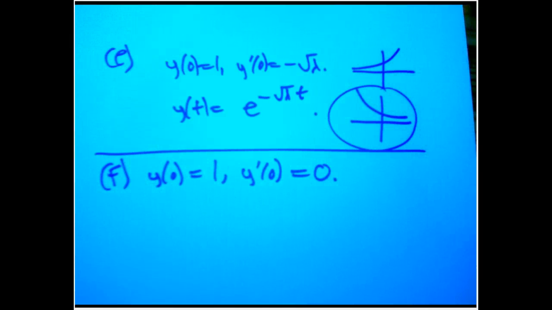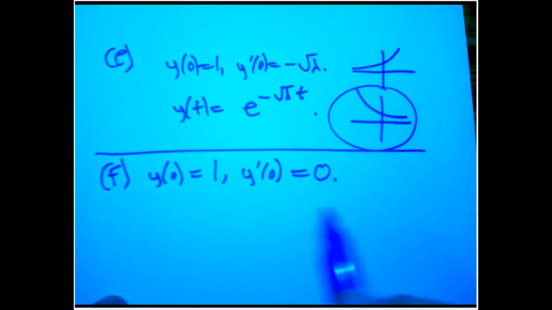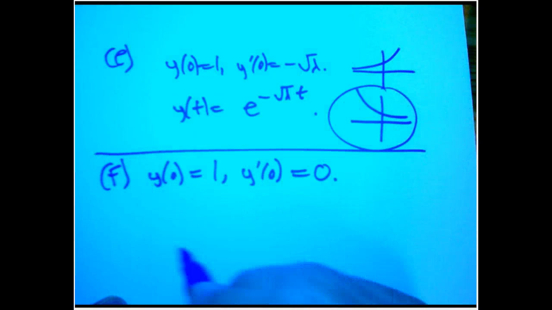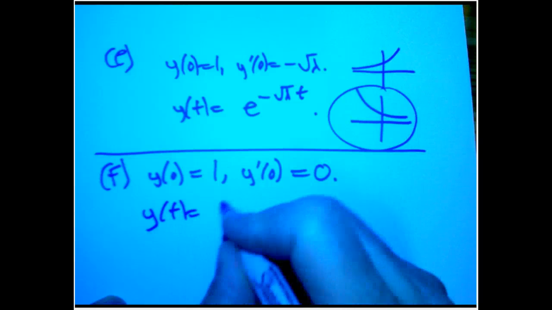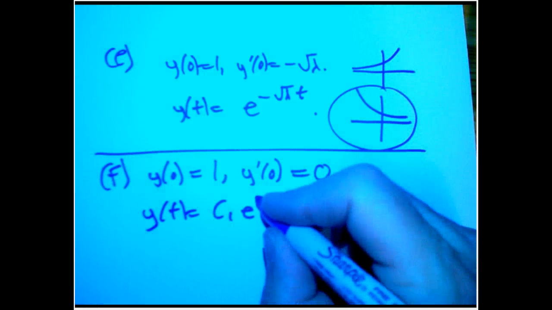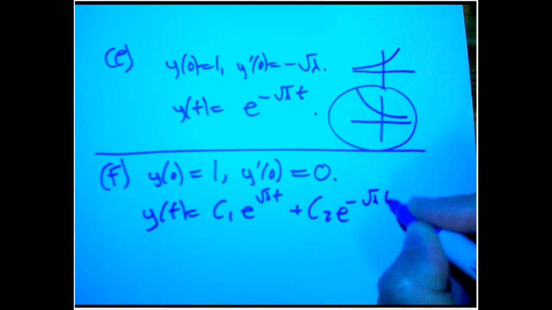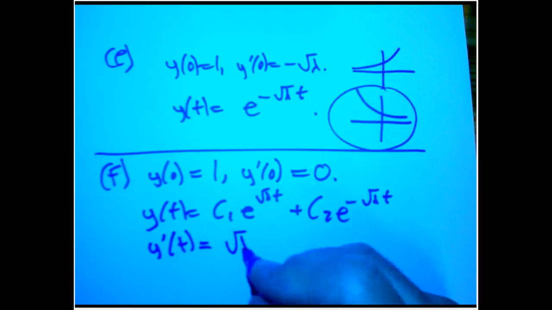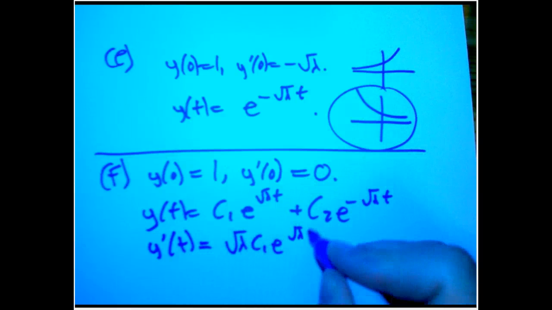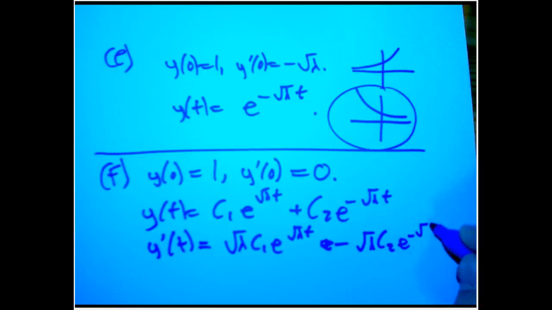Okay. Now, this guy is a little bit less familiar, but it's still really cool. So here, we can just do a little bit of work. The general solution was c1 e to the root lambda t plus c2 e to the minus root lambda t. We're going to have to write down y prime of t. So that's root lambda c1 e to the root lambda t, minus root lambda c2 e to the minus root lambda t.